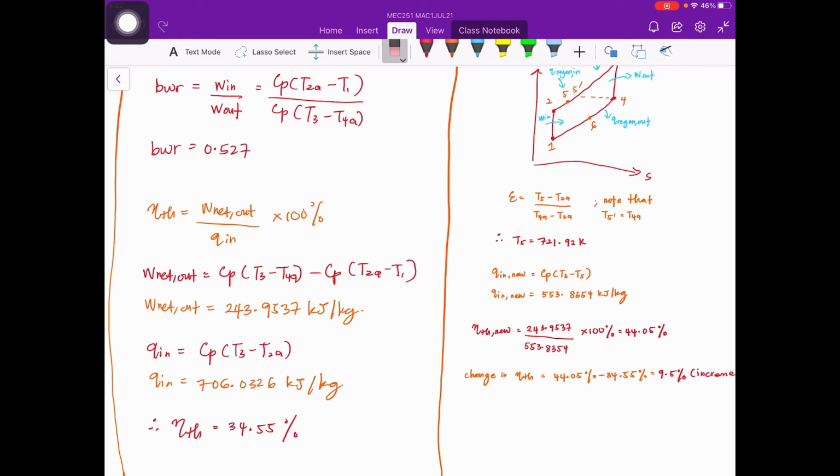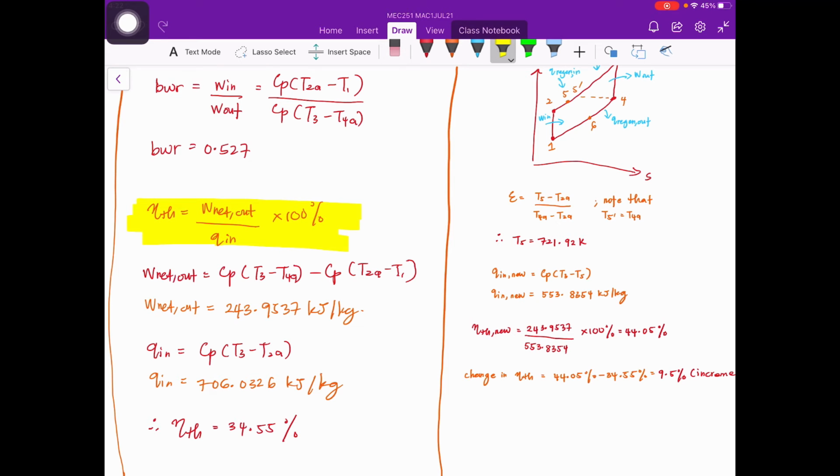Item C requires us to determine the thermal efficiency for the Brayton cycle. The thermal efficiency can be determined by using the formula of desired output divided with required input, and for this Brayton cycle, the desired output will be the net work output and the required input will be the heat transfer in.